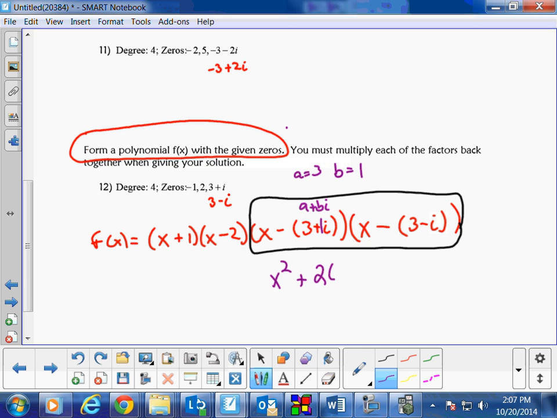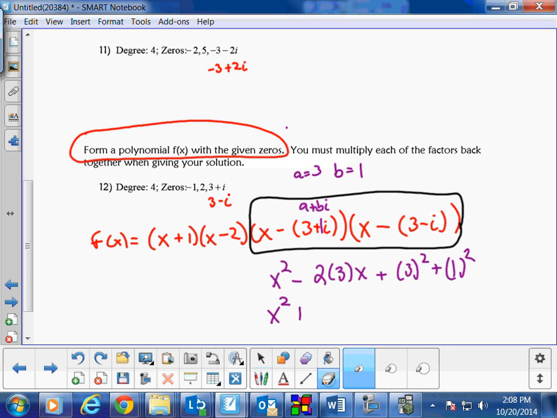Now I'm going to write in 3, because it should be x squared minus 2ax plus a squared plus b squared, so 3 squared plus 1 squared, which means I get x squared minus 6x plus 9 plus 1.